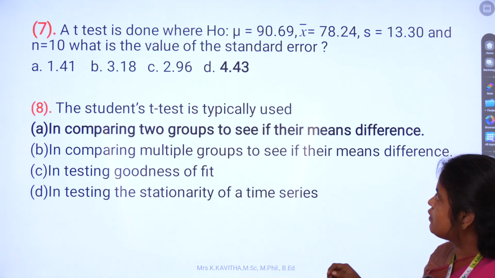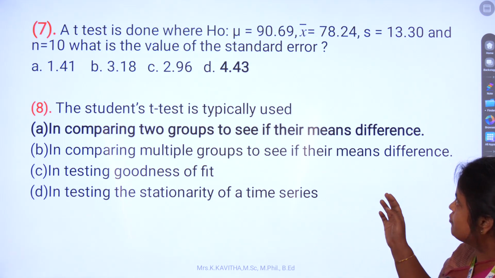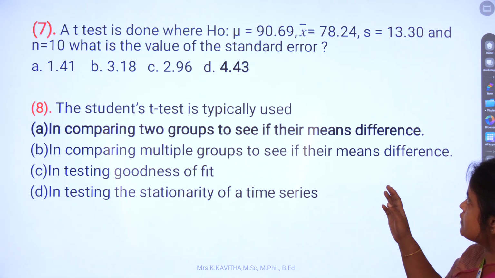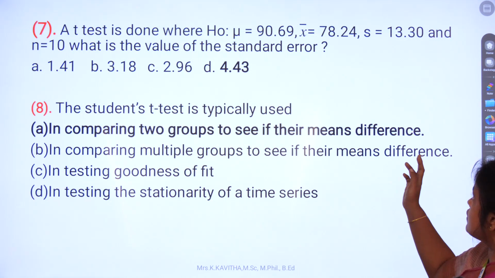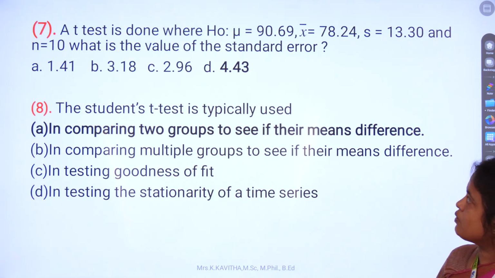A test is done where H naught: mu equal to 90.69, x bar equal to 78.24, s equal to 13.30, n equal to 10. What is the value of the standard error?